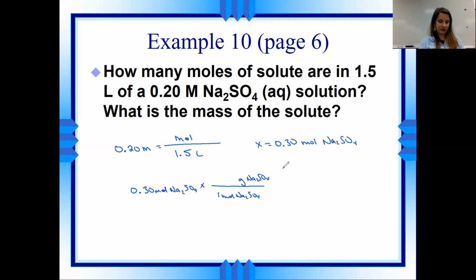And let me go ahead and calculate my molar mass, 22.99 times 2 plus 32.06 plus 64, 4 oxygens, 142.04. And that means that I've got, I only get 2 sig figs, so I'm going to round my answer to 43 grams of Na2SO4, and that is my answer. All right?